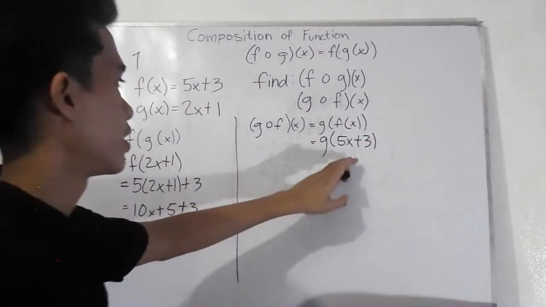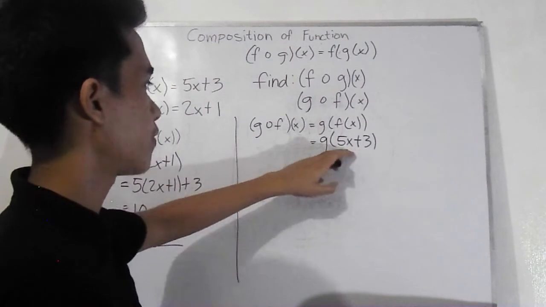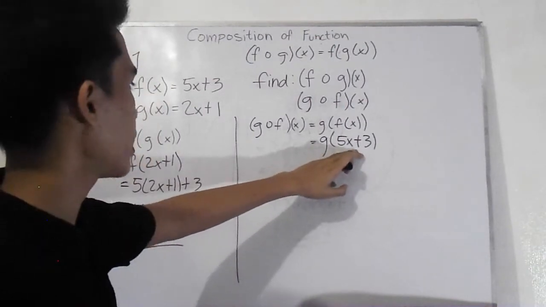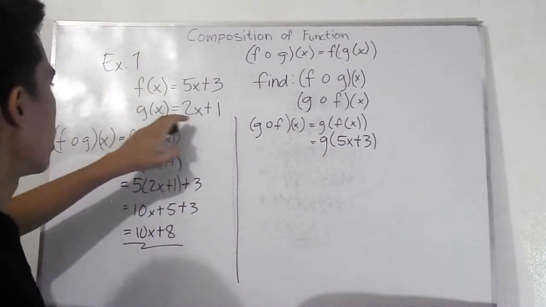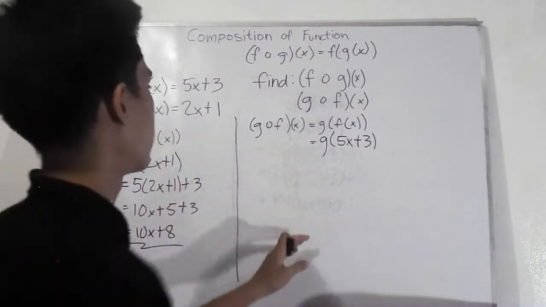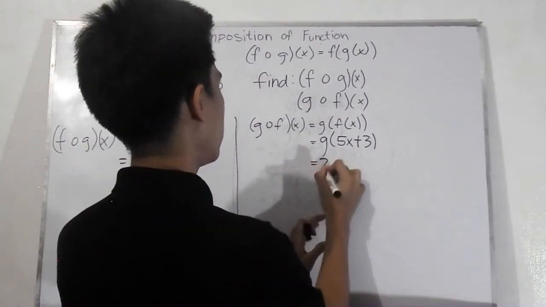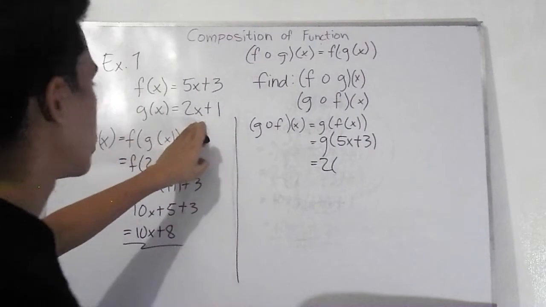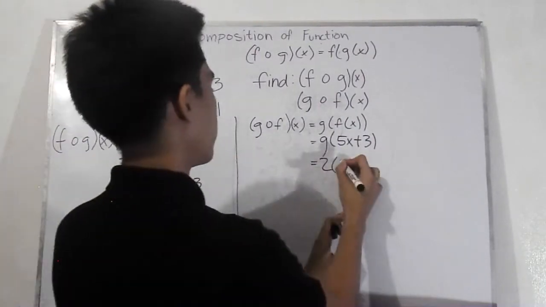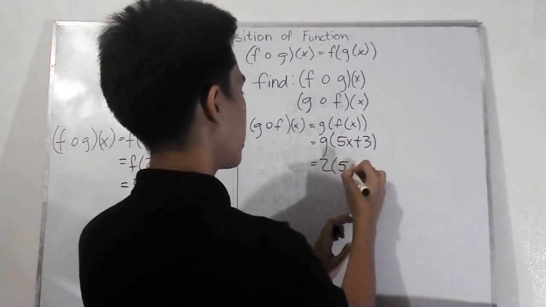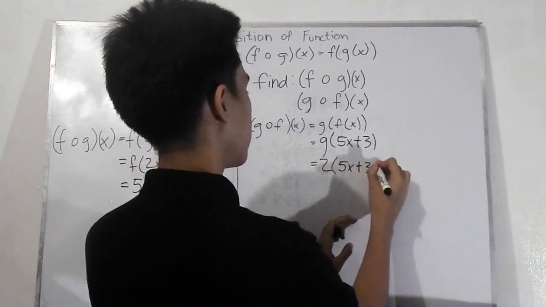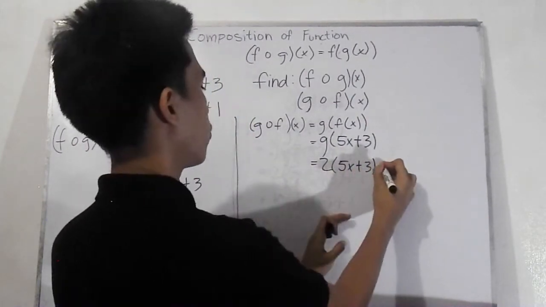Then this value here will be substituted in the x of the g of x. So 2 substitute. So we will now have 5x plus 3. Copy positive 1.